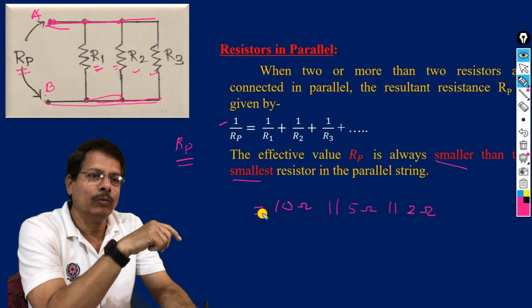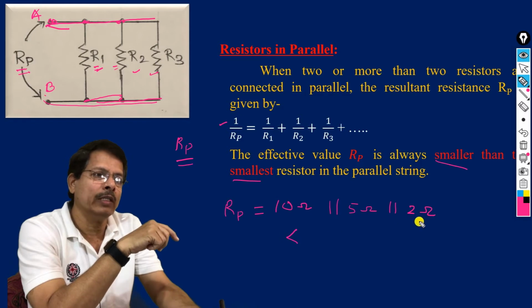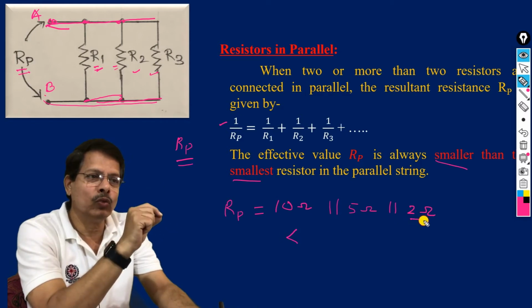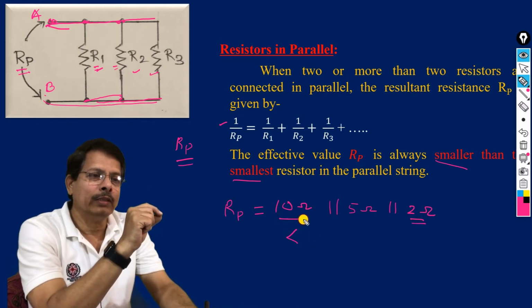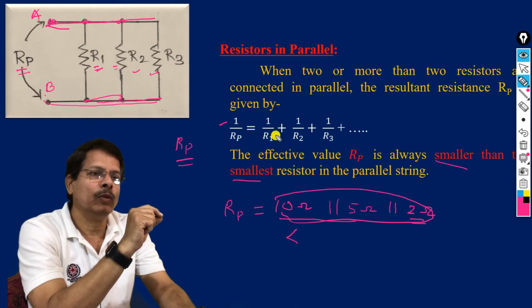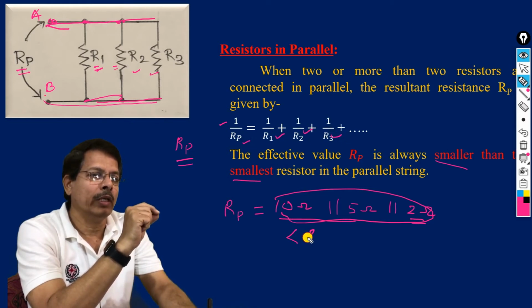After connecting these in parallel, whatever resistance comes will be smaller than the smallest. Which is the smallest here? 2 ohm. So naturally, if you put the values of all three, R1, R2, R3, and get RP, it will be guaranteed less than 2 ohm.